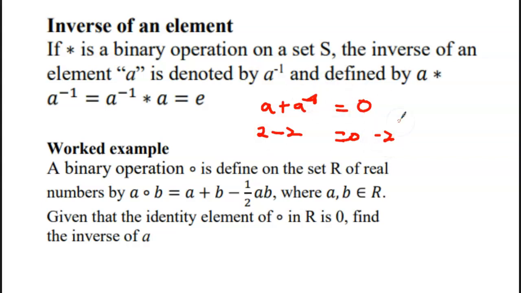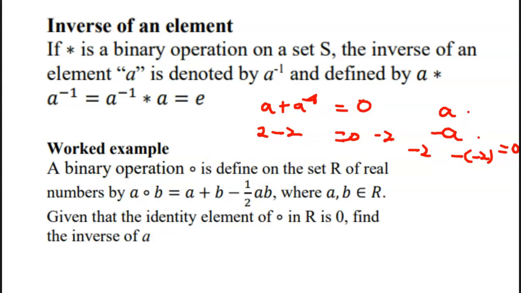So for addition, if you have element A, the inverse is always minus A. If we have minus 2, the inverse will be minus of minus 2, which is plus 2, and minus 2 plus 2 will give you 0. So that is the simple explanation. Check the multiplication and find the inverse for multiplication.